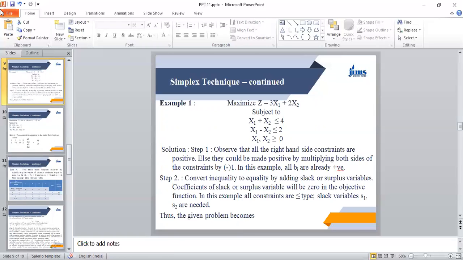So let us consider an example in which the objective function is maximize z = 3x1 + 2x2, subject to the conditions x1 + x2 ≤ 4, x1 - x2 ≤ 2, and x1 and x2 both ≥ 0.